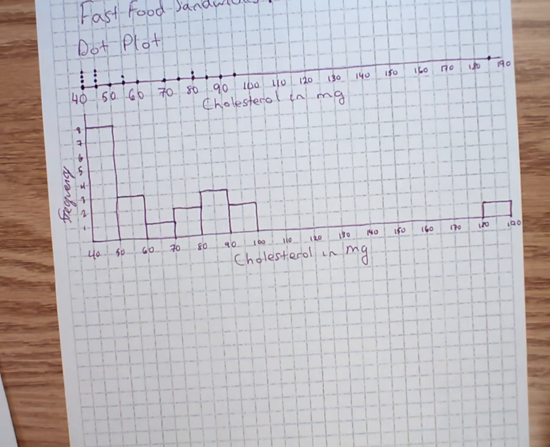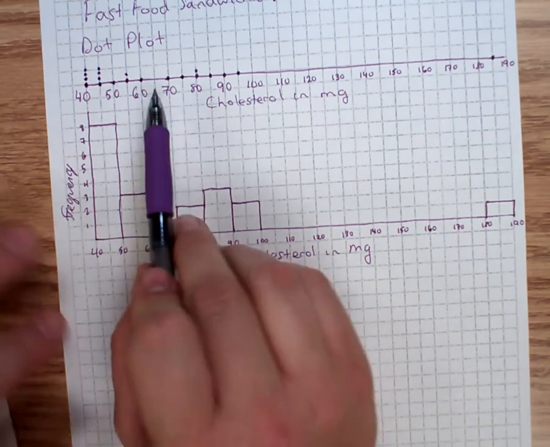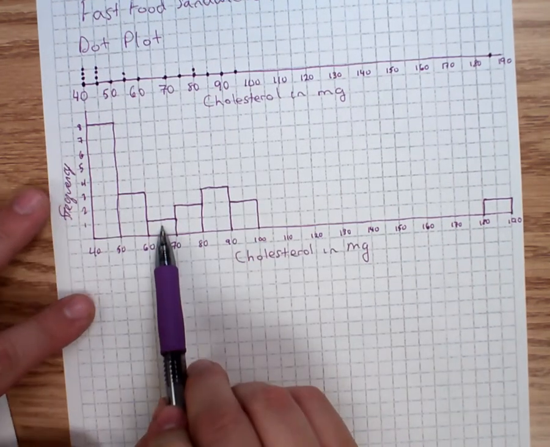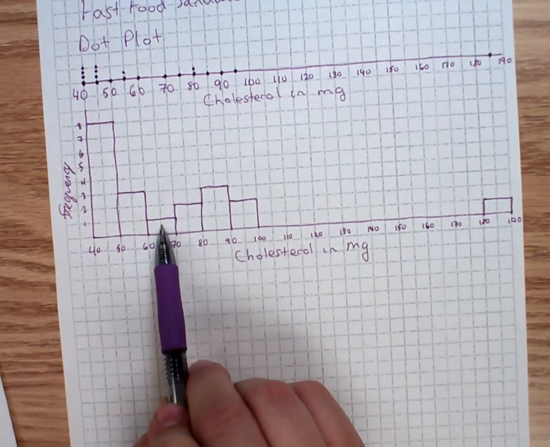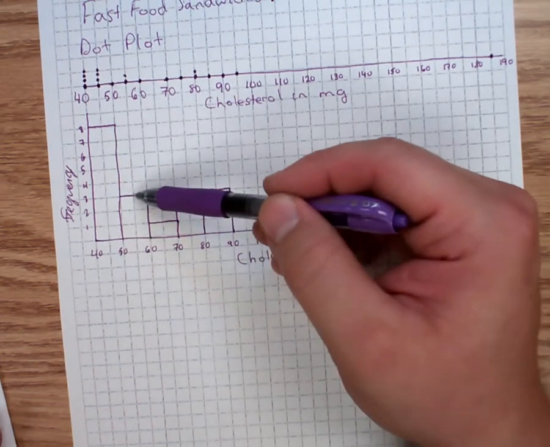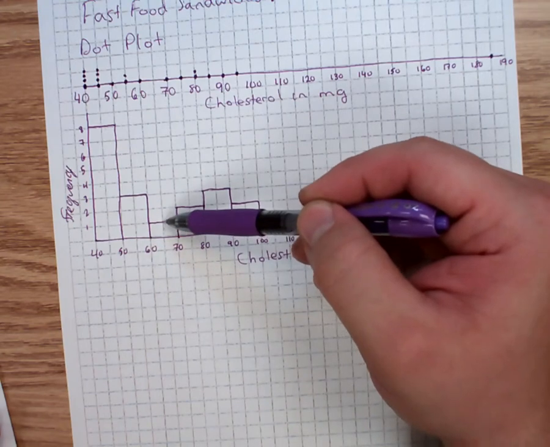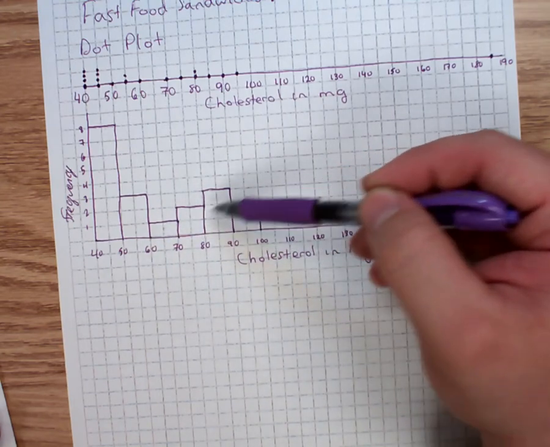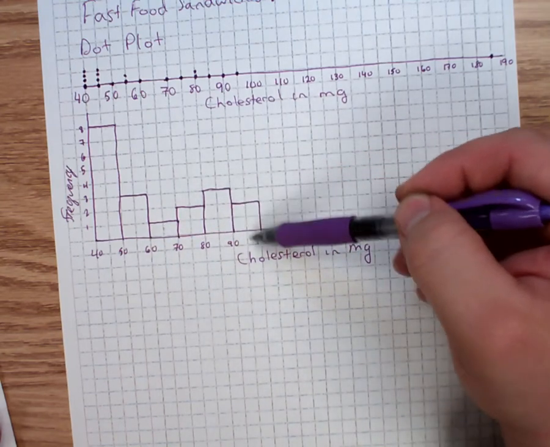So we do have 22. From 60 to 70, there is 1. Okay, I'll count that again. 8, 11, 12, 14, 17, 19, 20.